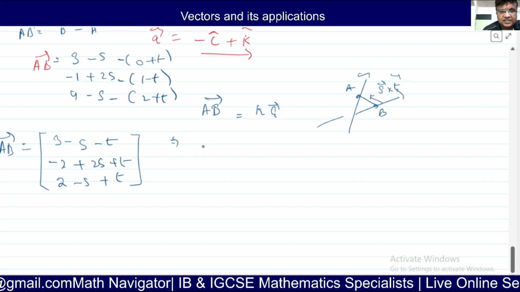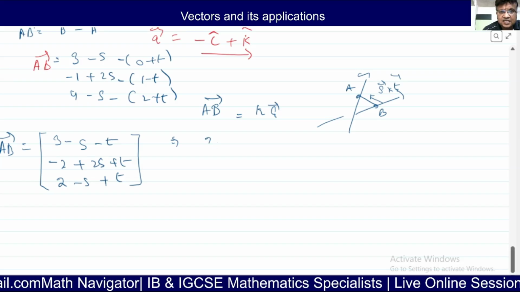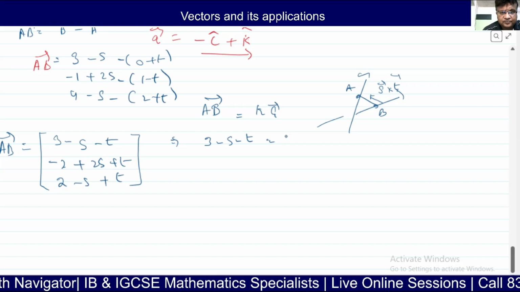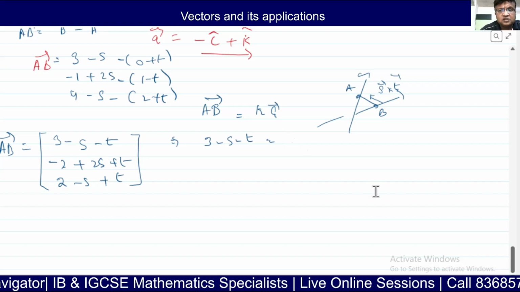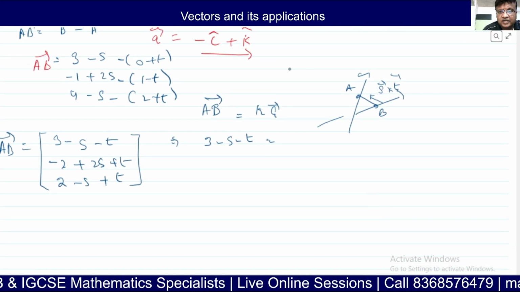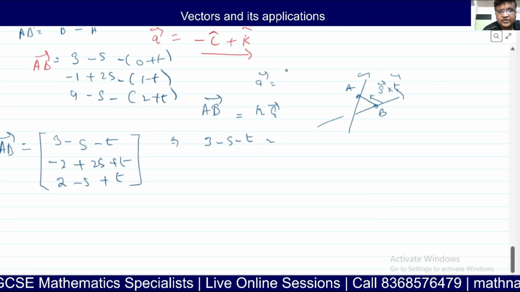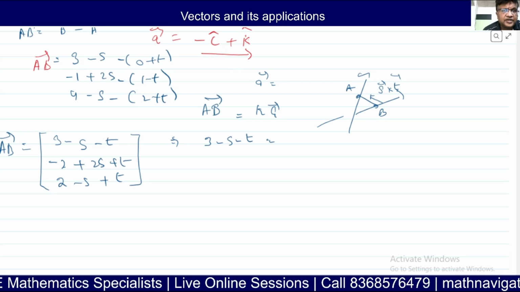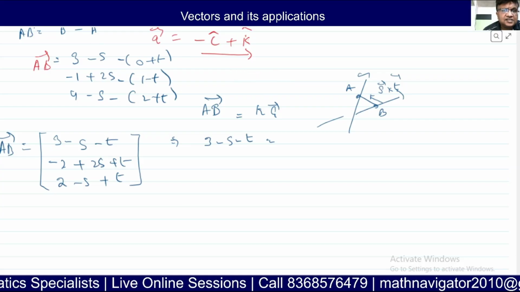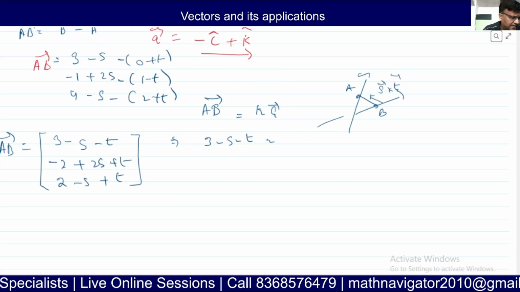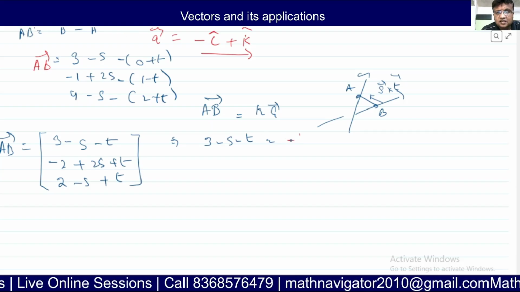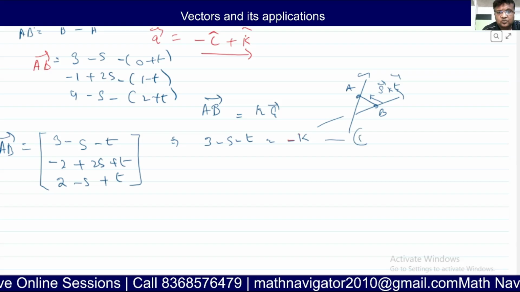So I'll write vector AB as 3 minus s minus t is equal to, and my this vector A was minus I cap, so this will give me negative k, which is equation 1.